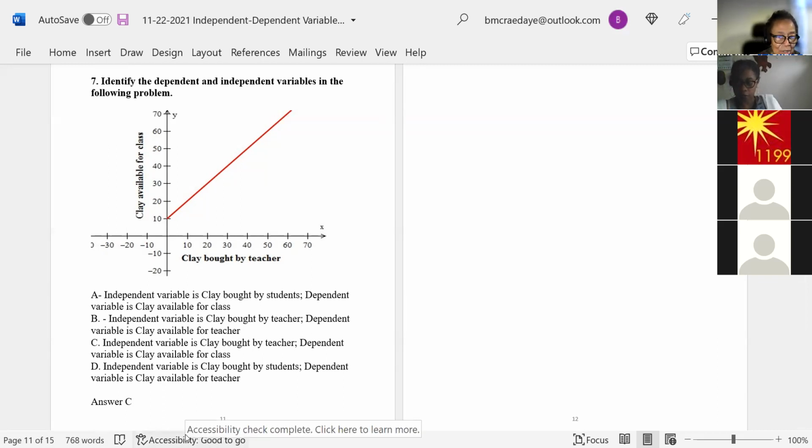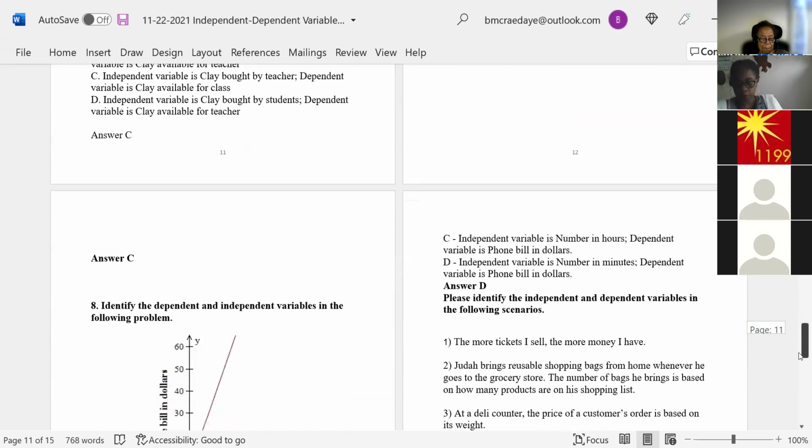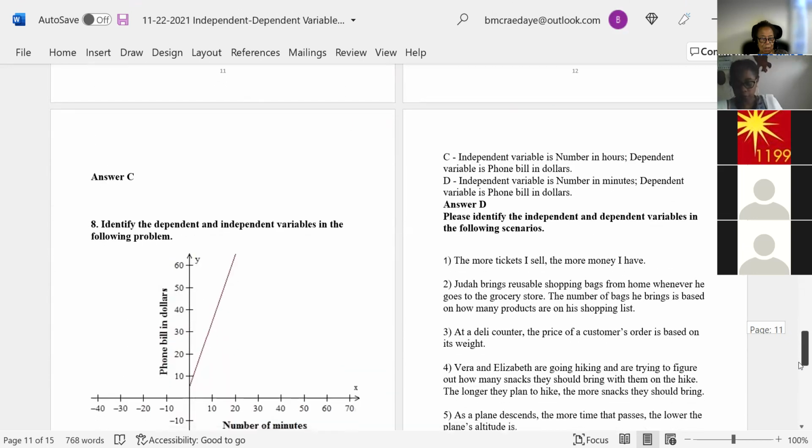Any questions on number 7? Okay. All right, let's look at the next one. It's another graph.